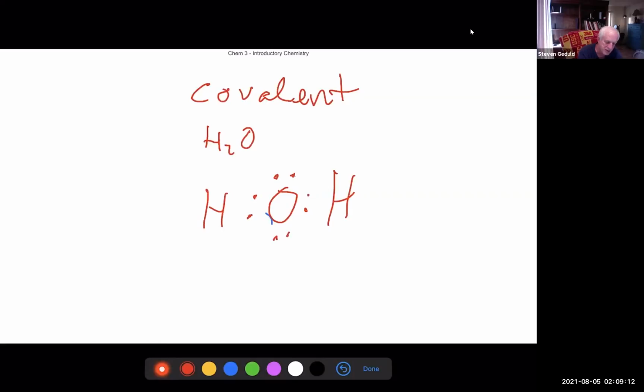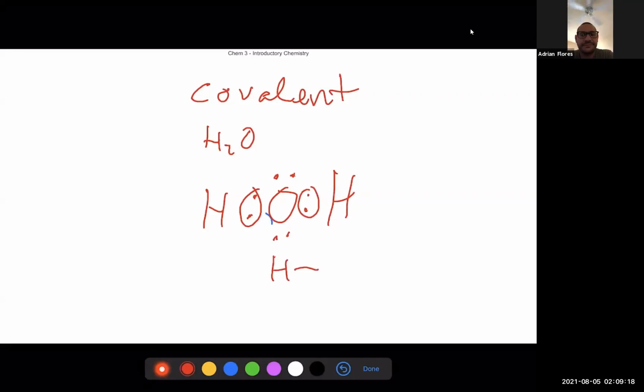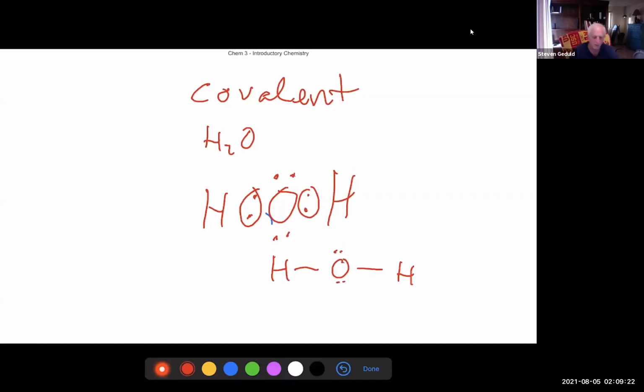When you have 2 electrons between 2 elements, that's a bond. So H is bonded to O, bonded to H. Every time there's a chemical bond, there are 2 electrons in it being shared. These up here are called non-bonding electron pairs. They always occur in pairs, and they're not in a bond.